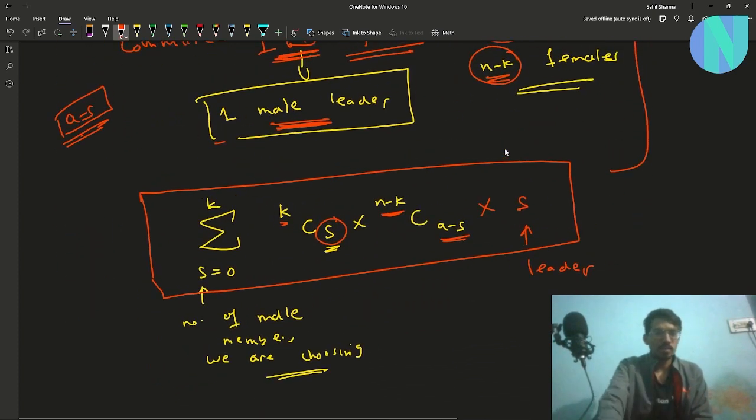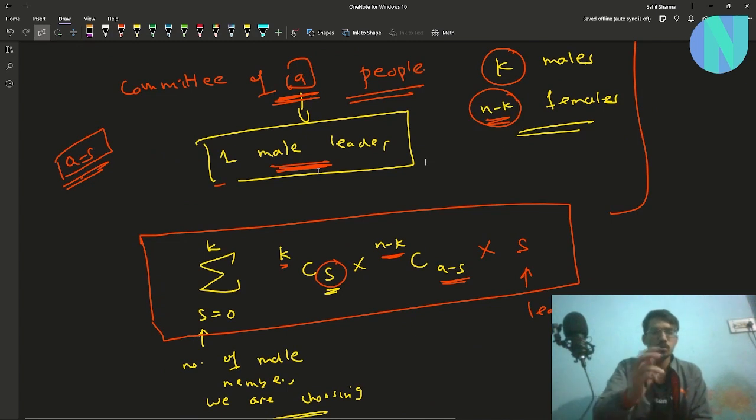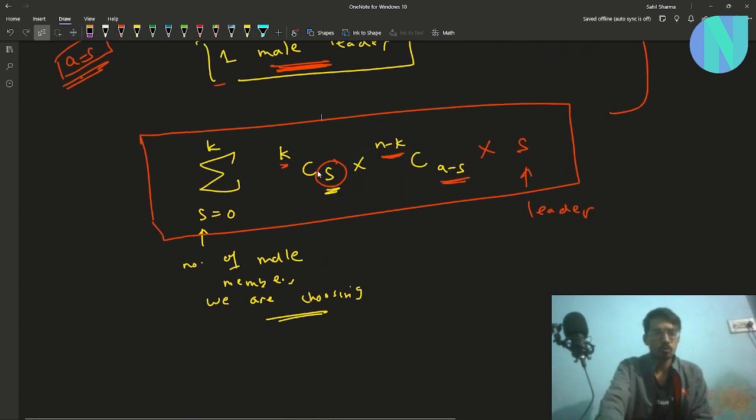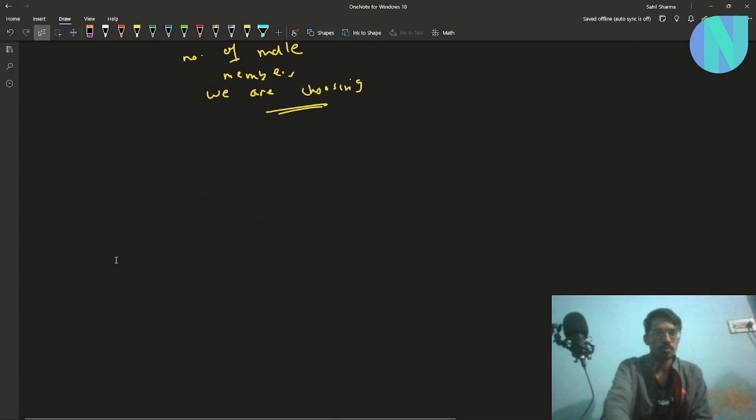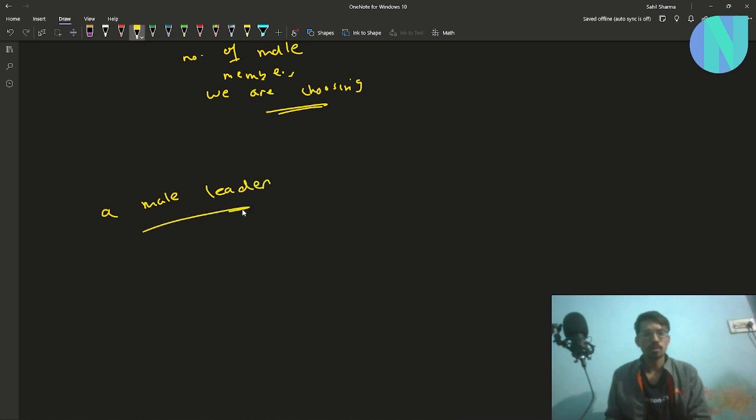But we can rewrite this. We want to make a committee of A people that has one male leader. We can also solve this problem by first choosing a male leader. The number of ways to do that is just K, because we have K male members.